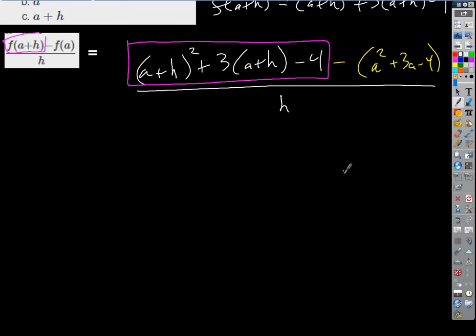I could distribute the 3, I could distribute the negative. What about here? I can't distribute, but I can expand it out. So if I take a plus h squared, what is that going to become? A plus h times a plus h. Good. Does anybody know what that works out to be?